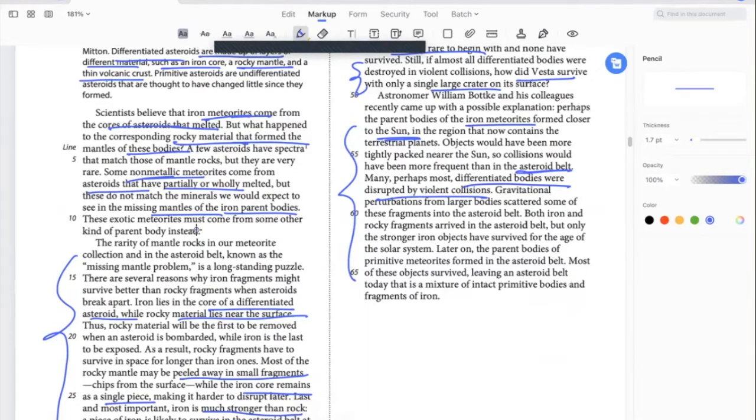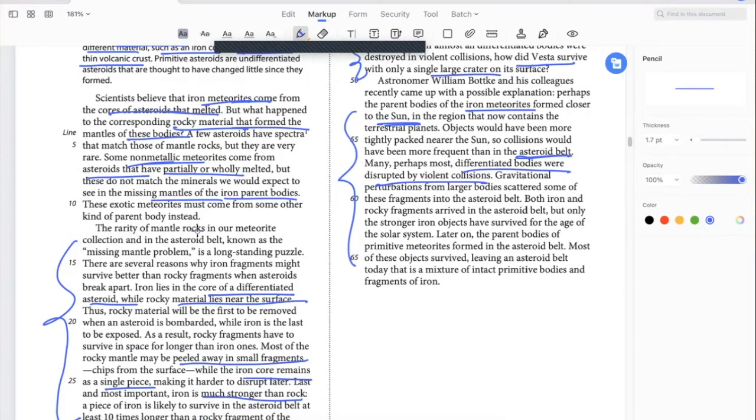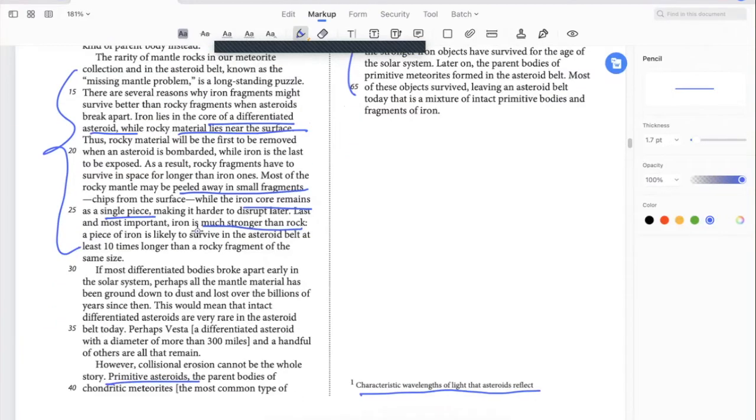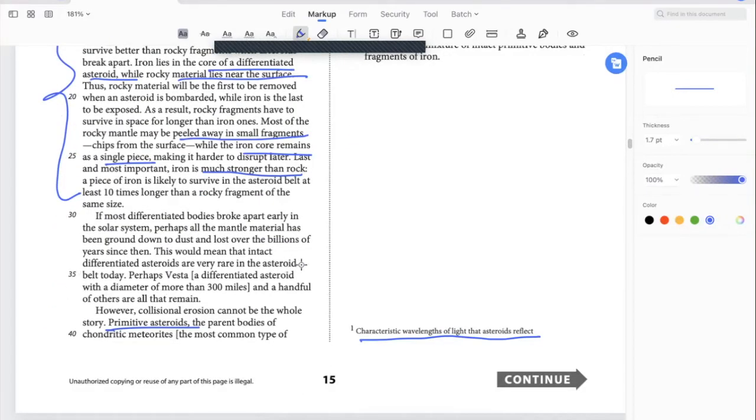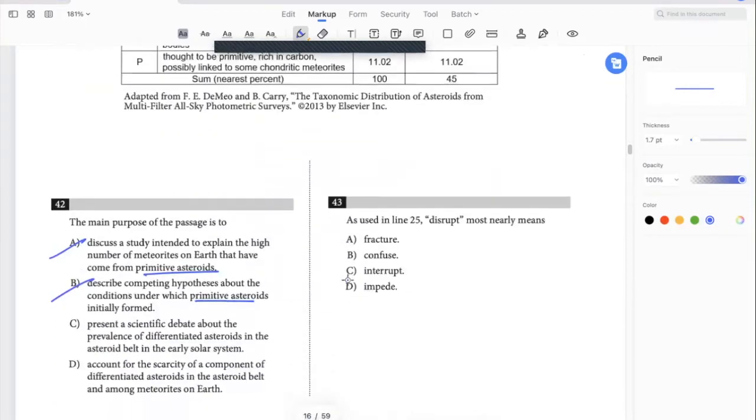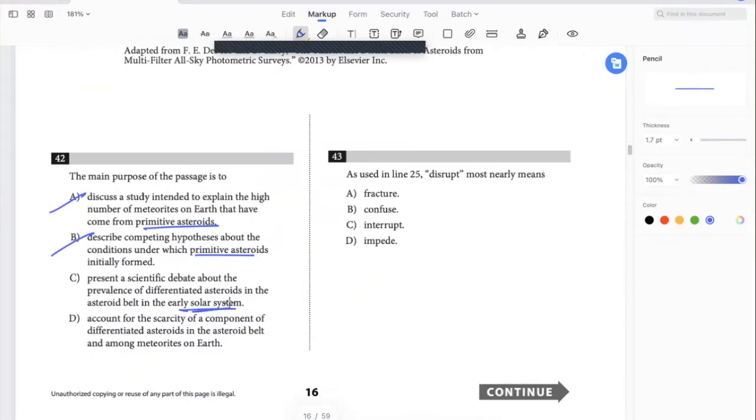Because we are actually talking about the presence of differentiated asteroids in the solar system today, right? We are also talking about a body like Vesta and how come this survived while other differentiated asteroids did not. So I don't think early solar system is the focus here.